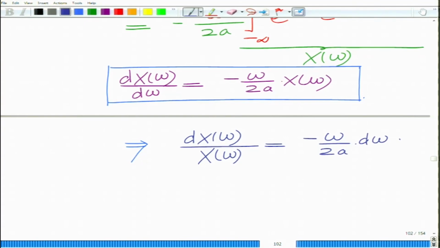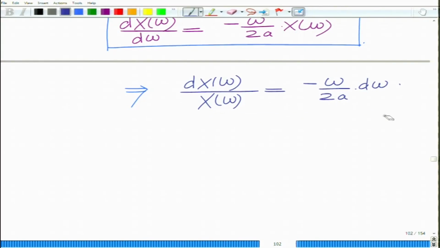So, from this we are obtaining a differential equation, that is dX omega by X omega equals minus omega over 2a times d omega. Now, we are going to solve this differential equation.